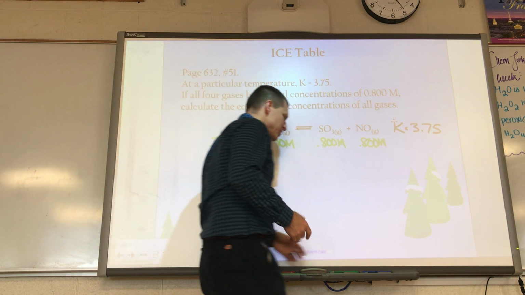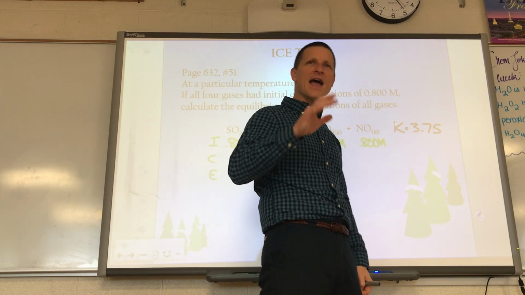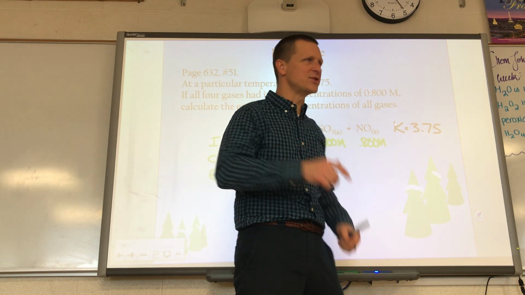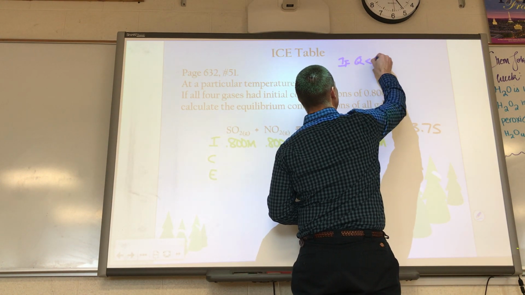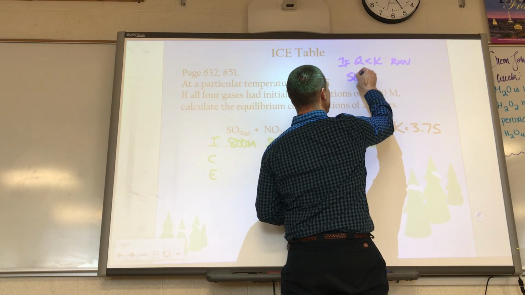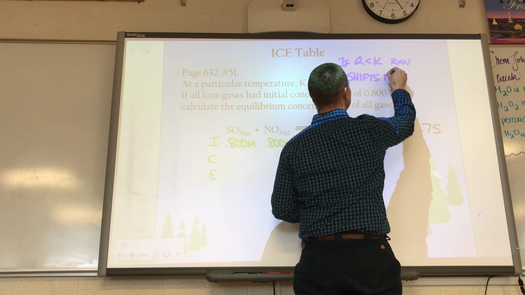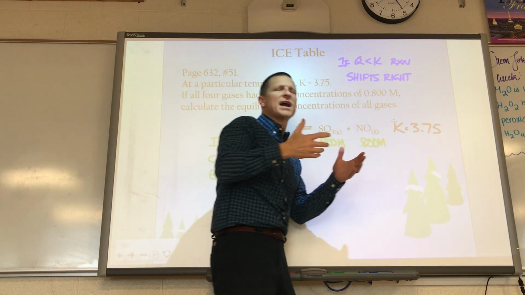I will mention too, we wrote this down the very last day of the thermodynamics chapter. If Q is less than K, that means the reaction shifts to the right. As a reaction proceeds, Q is constantly changing.